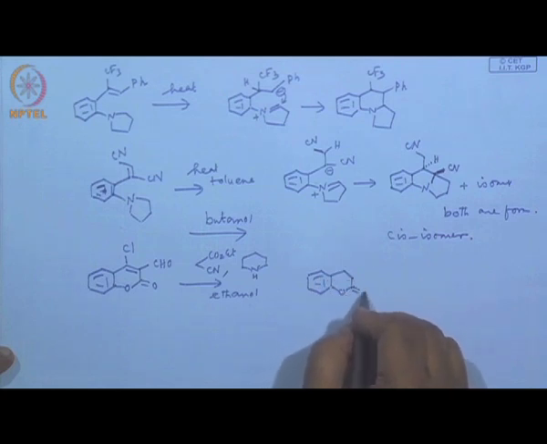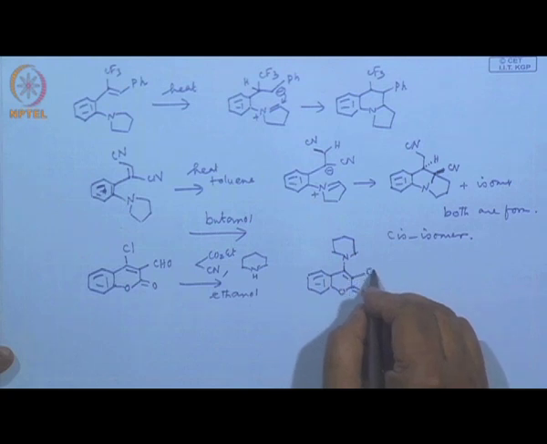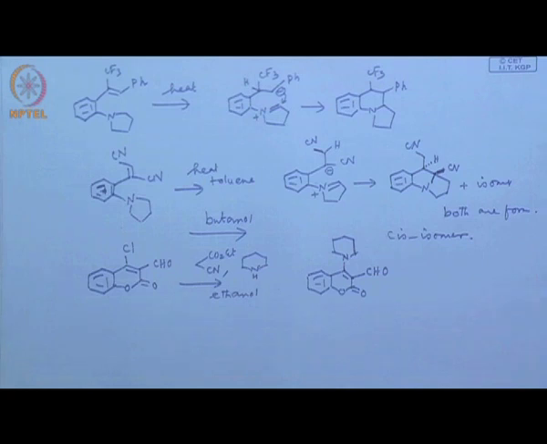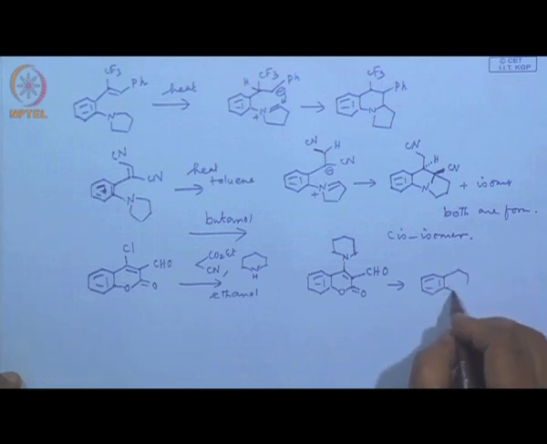a displacement of chlorine with this nitrogen, and now you have a formyl group here. Okay. What next? Now, all of us know piperidine is not a very strong leaving group. So, you can expect a Knoevenagel kind of reaction, and that is this one.